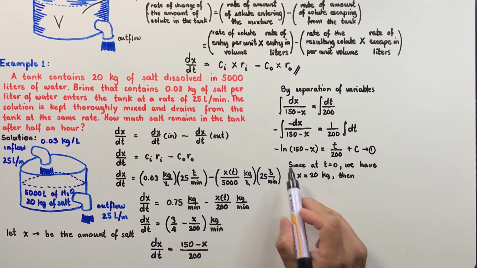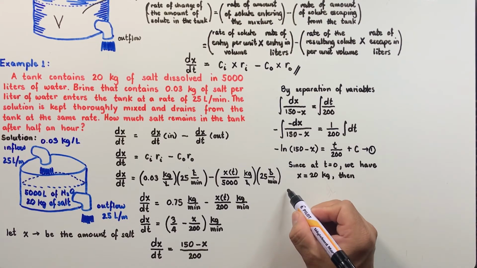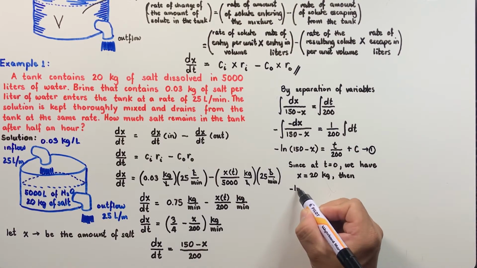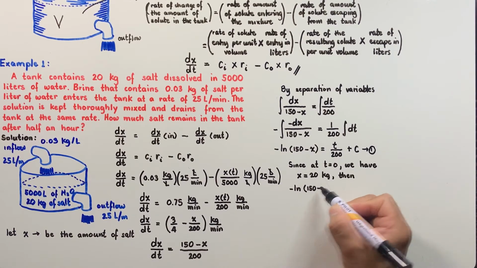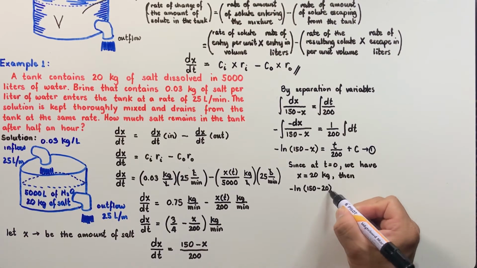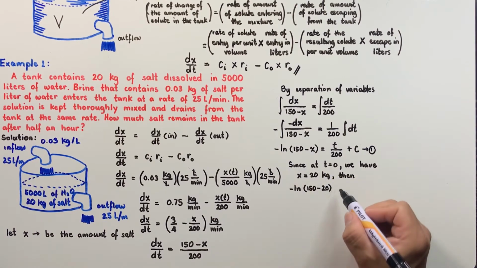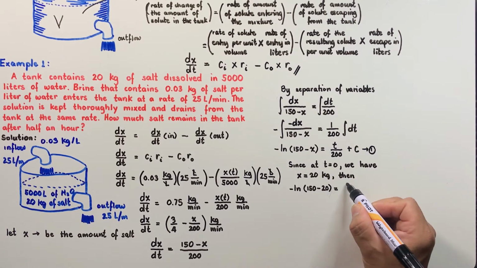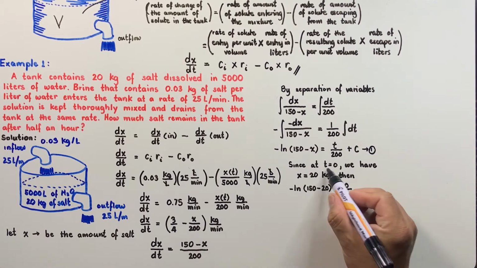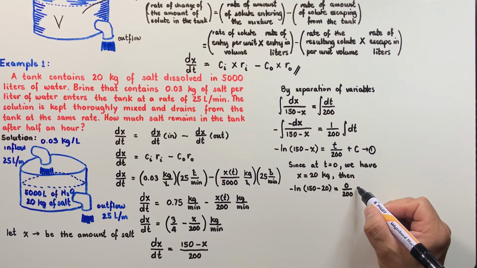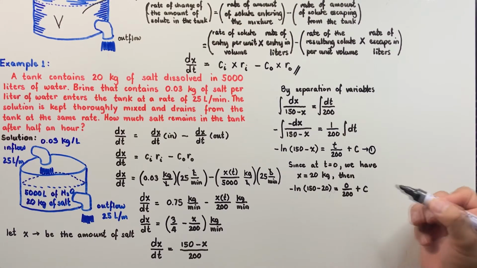Then we can write this as the negative of the natural log of 150 minus 20, because our value of x is 20 this time, which is equal to 0 over 200, because this is at the start, so our t is 0, plus the constant of integration c.